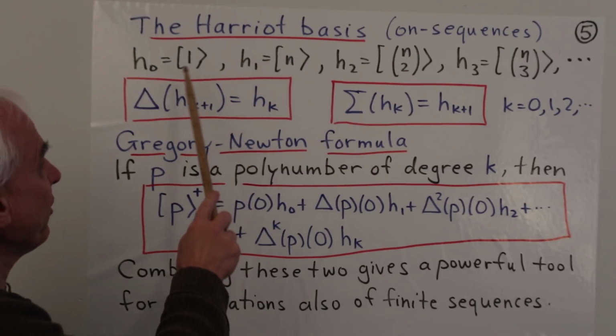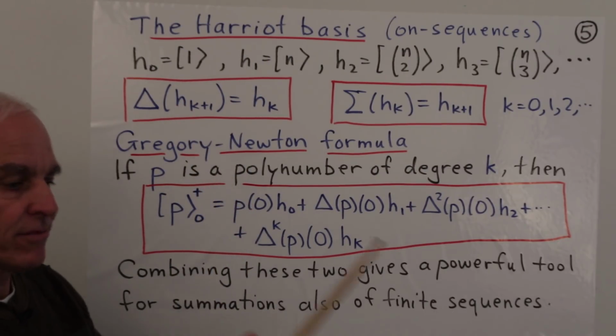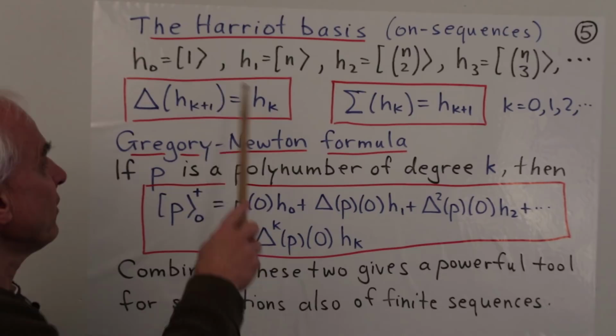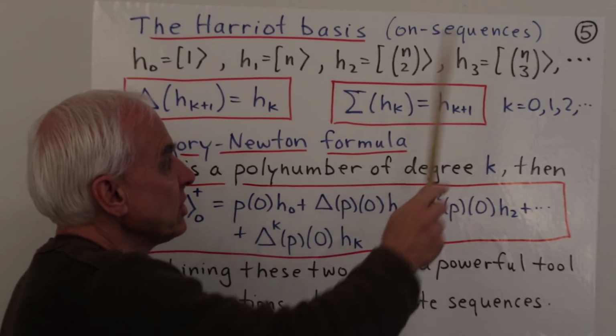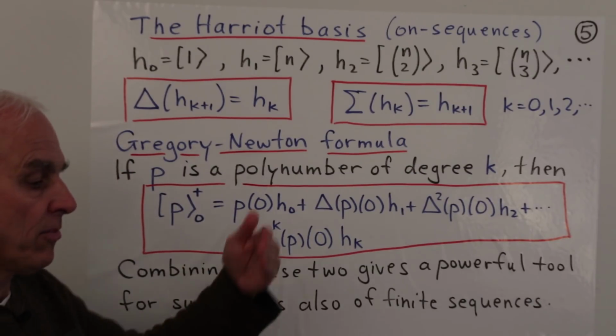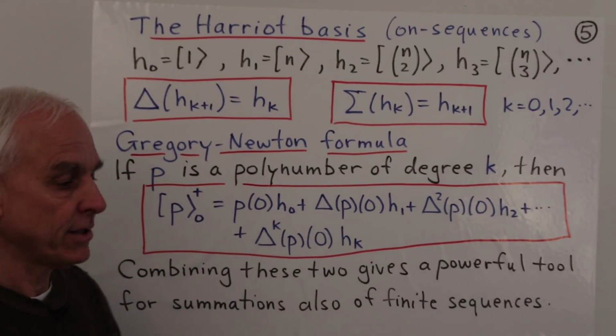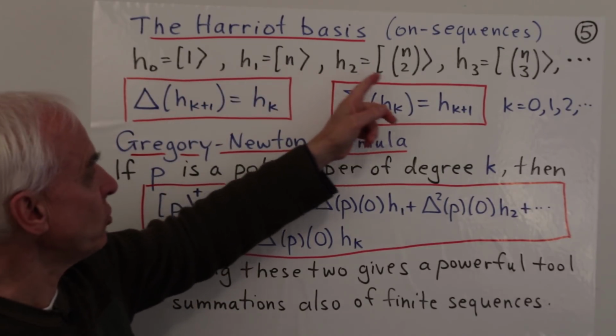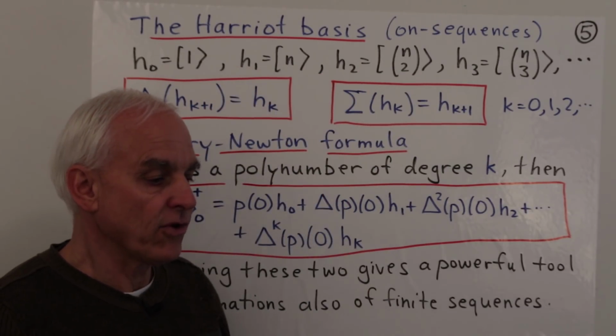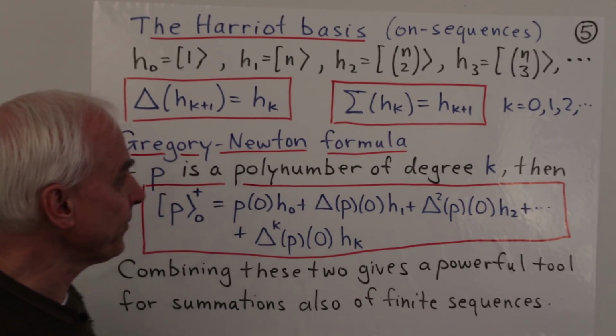So I remind you that the Harriot basis is a special family of sequences. The sequence 1, sequence n, n choose 2, n choose 3, and so on. These are the columns of what we call the Harriot matrix, and we're calling them H0, H1, H2, H3.